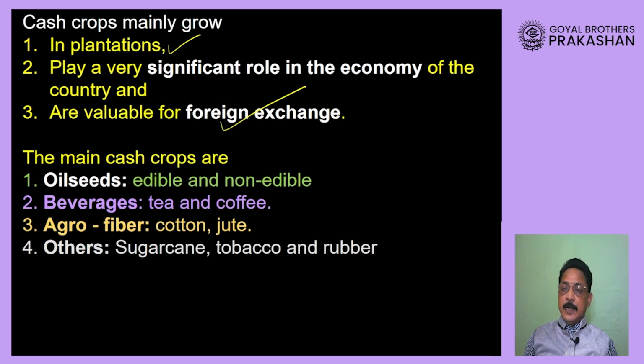And we also have other crops like tobacco, rubber, sugarcane, which are again needed for industrial purpose. We call all these crops cash crops. Please remember, these crops are grown for industrial purpose, for sale, to earn a lot of money. That means they are grown commercially.